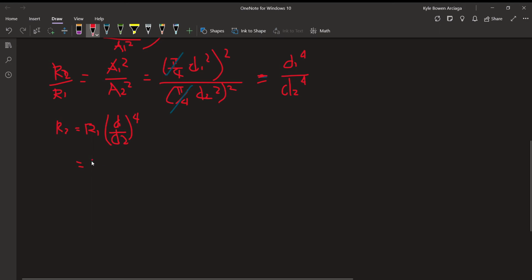Plugging in the values, 0.28 ohms times d1 of 0.25 all over 0.05 raised to 4, calculated, so we have 175 ohms.